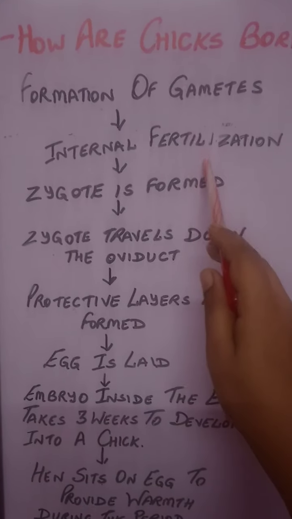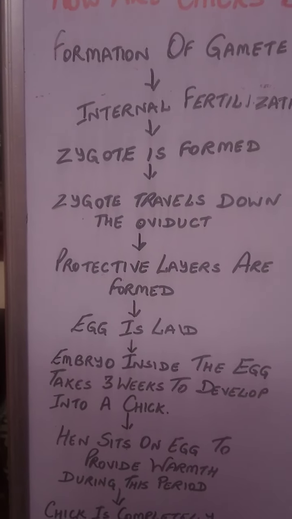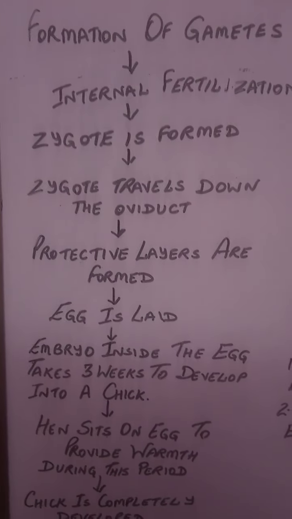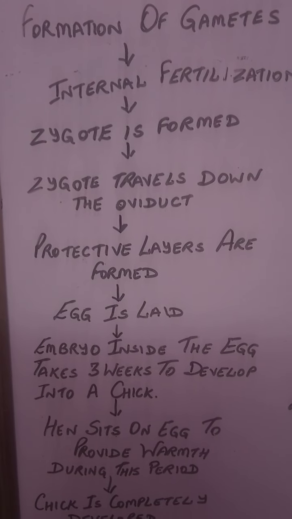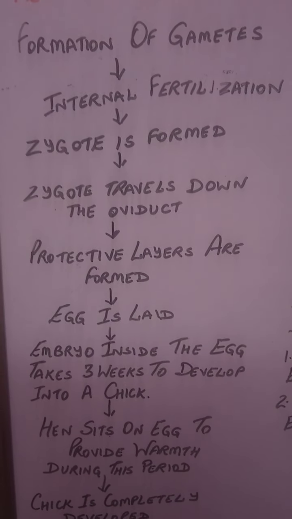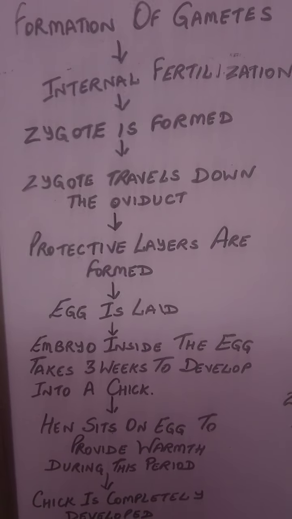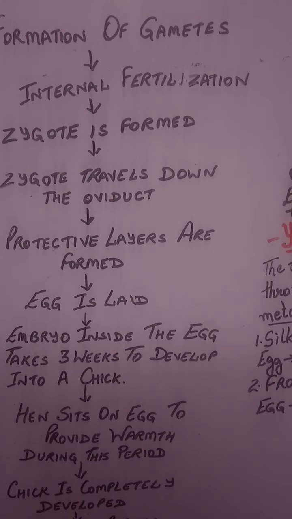So see here, the process is internal fertilization. But even after the process of internal fertilization, the baby is not directly released from the mother's body. What is the mother releasing? The mother is releasing an egg. Some of the development is taking place inside the female body, while the rest of the development is taking place outside the female body.